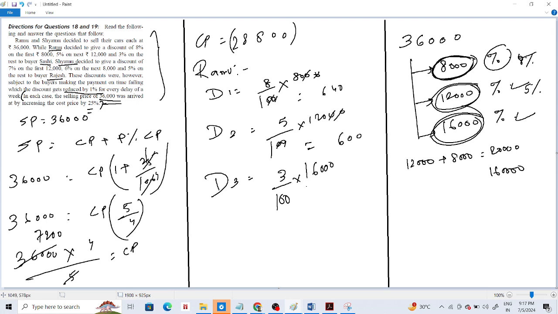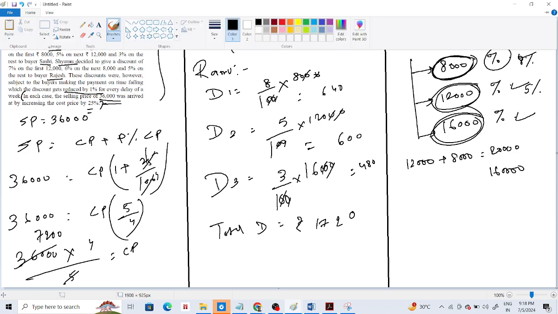On 16,000, 3% discount is given, so that means 480. So what is the total discount? 1720. So Ramu has given 1720 amount of discount.